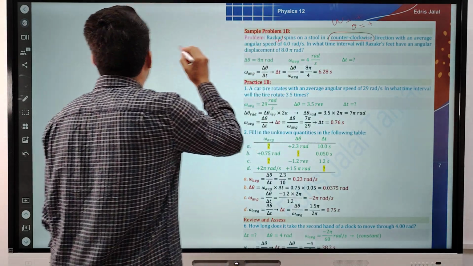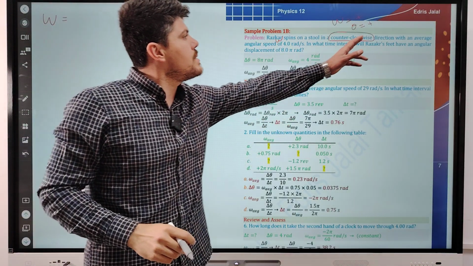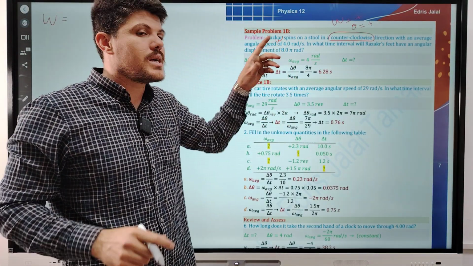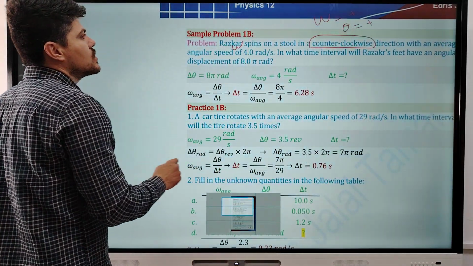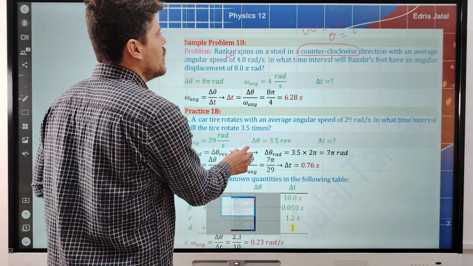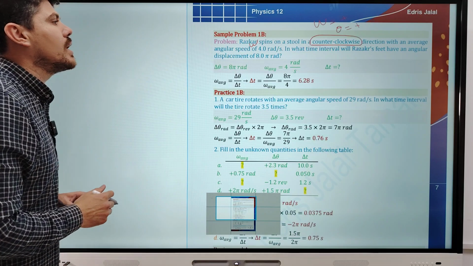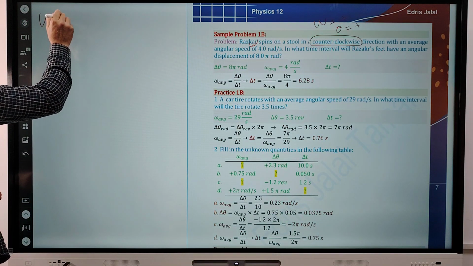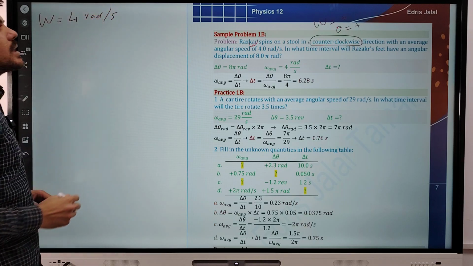What is this? This is omega. How did you know this is omega? Because it's mentioned in the question and also by the units. By the units, the students can recognize all physical quantities. Rad per second is the unit for angular speed. Angular speed is 4 rad per second.